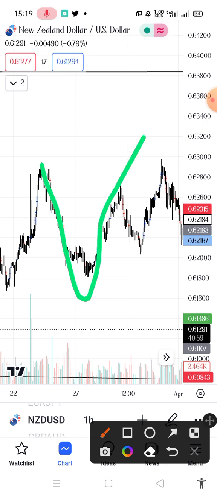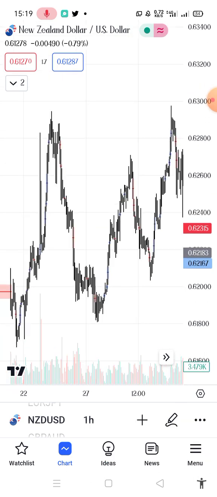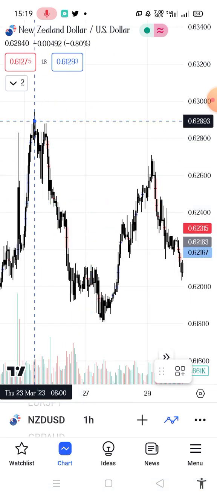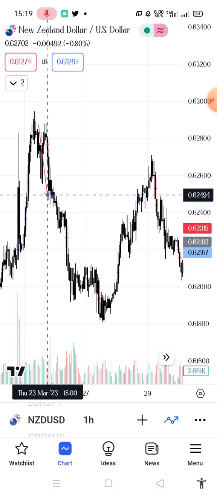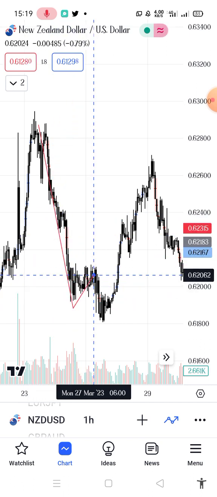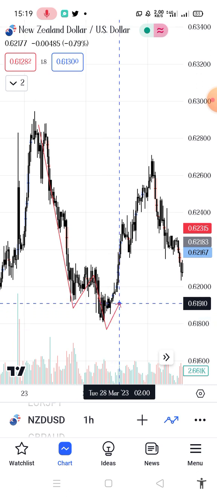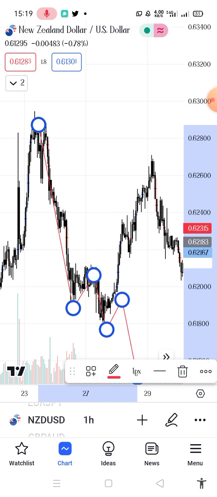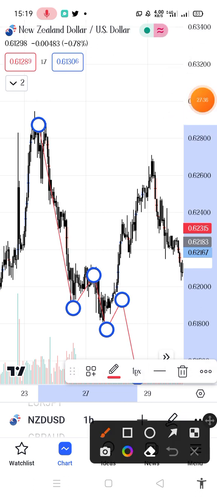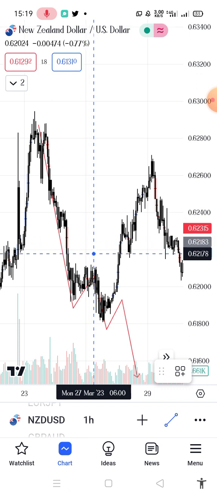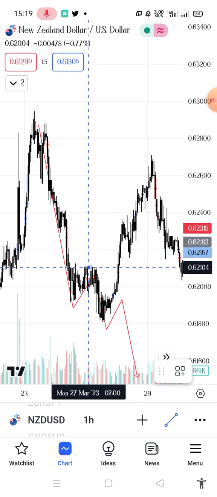This was meant to be lower high, lower low, lower high, lower low, lower high, lower low. But you see what happened? It changed trend, and instead of coming down, it went up. And like I showed you there, the same happens for this place. This former lower high was taken.